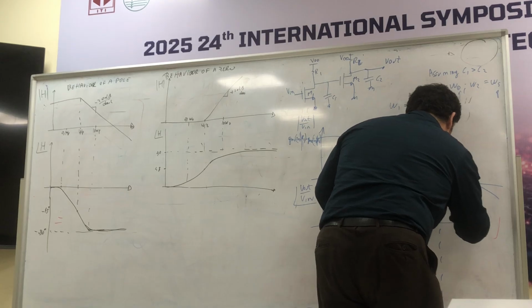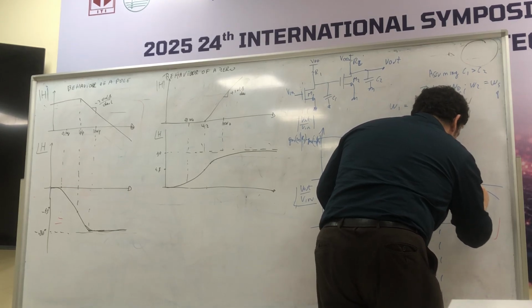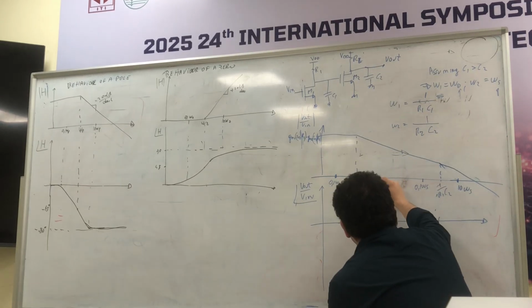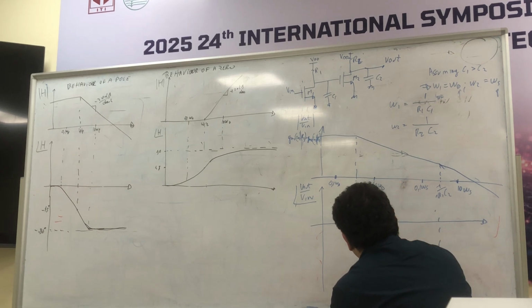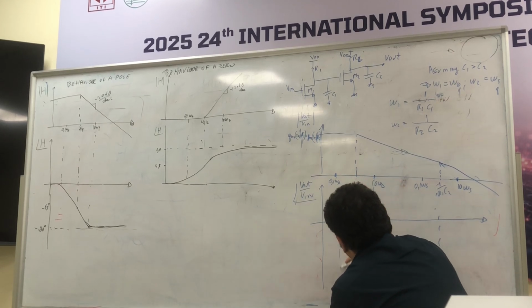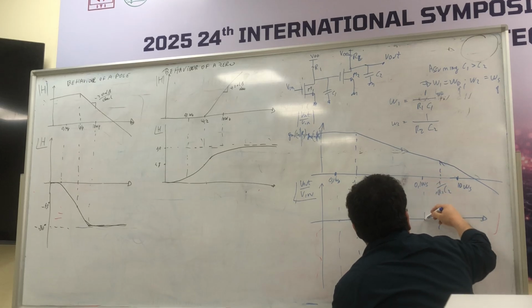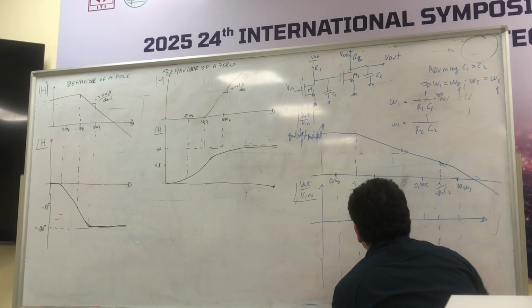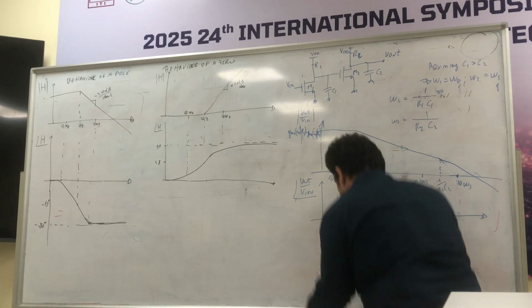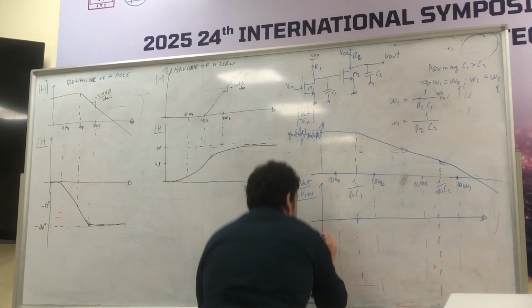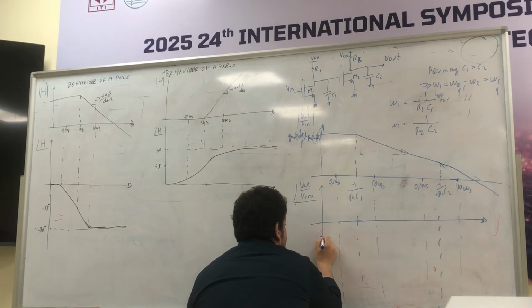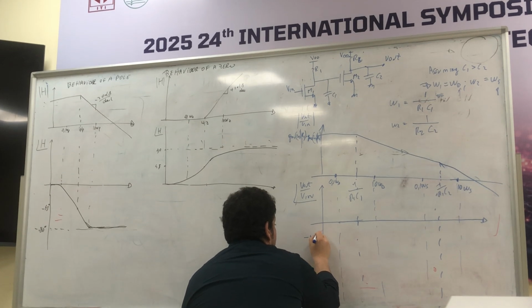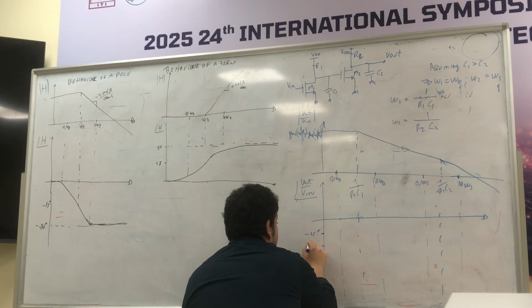Let's consider here 10 omega s. So I connect the point. I need to draw it here. Here I have, let's say, minus 45. Here, minus 90.